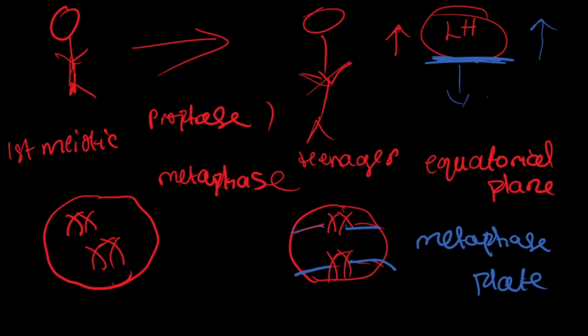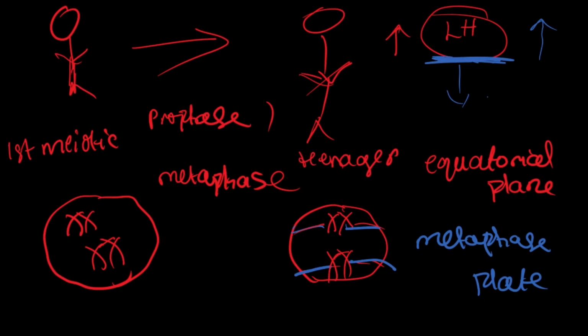What happens is that there's an increase in the luteinizing hormone, and this increase triggers the continuation of the first meiotic division. Initially the primary oocyte was just resting at prophase 1, but due to the increase in luteinizing hormone, it kickstarts the process, and now we are at metaphase.